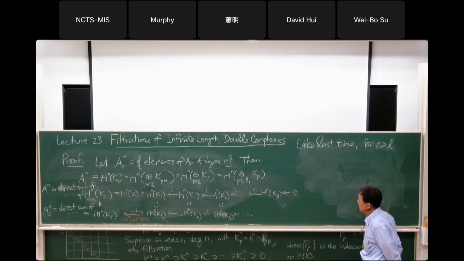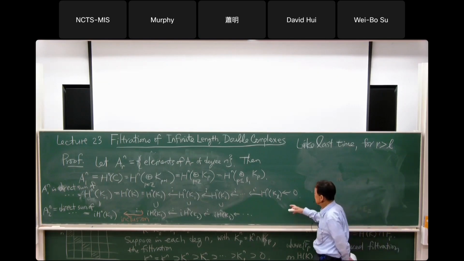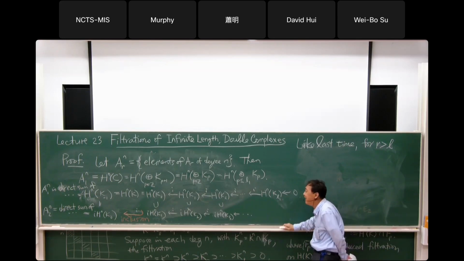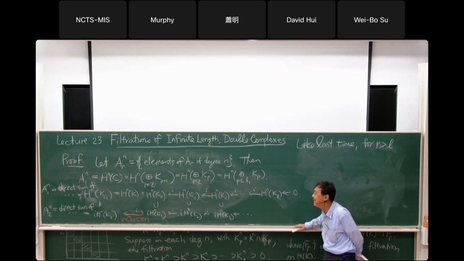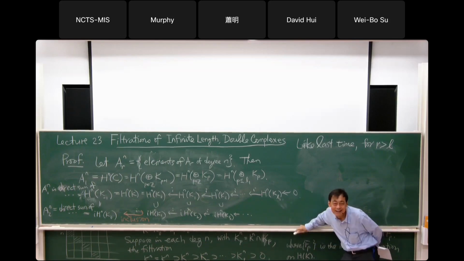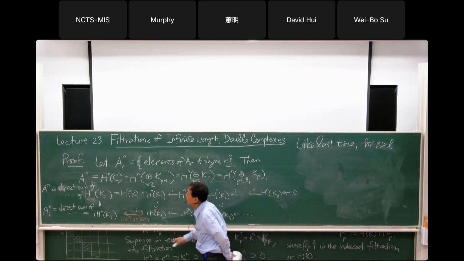And this seems to say that because I start with K1, oh, I'm sorry, this is not K1. What should this be? Ln, yeah, because we're in degree n, right?